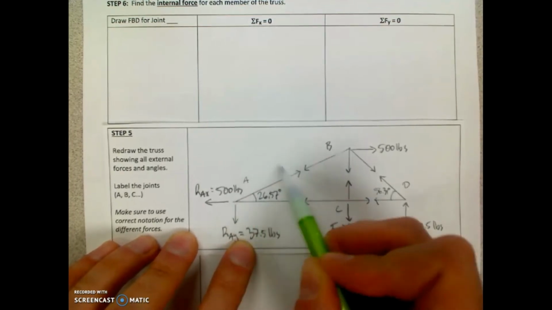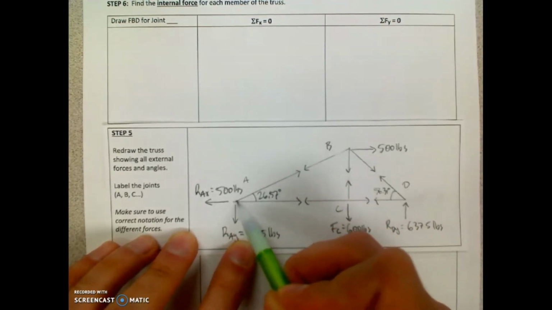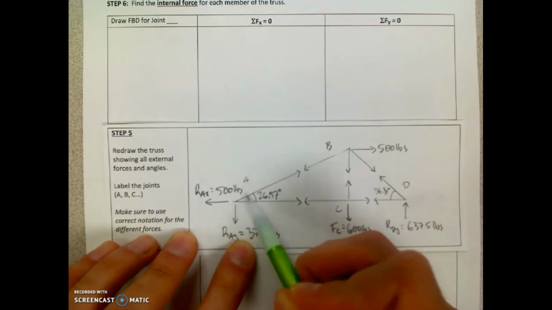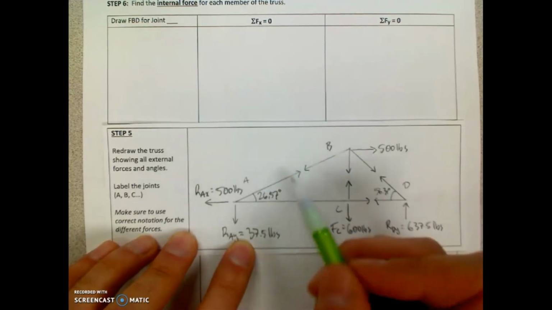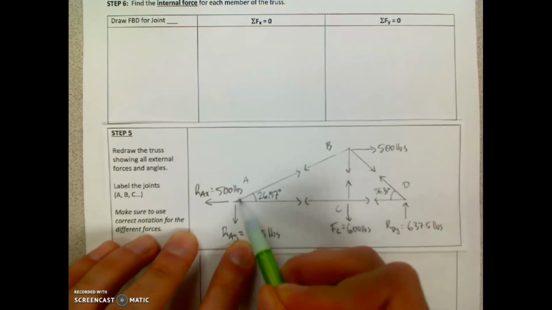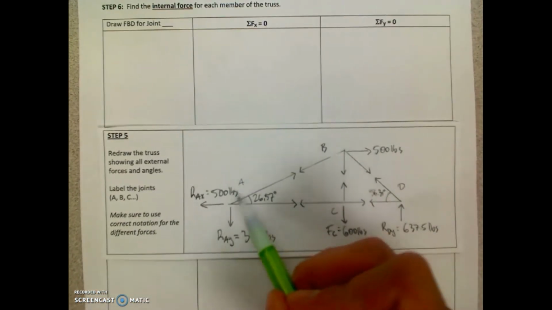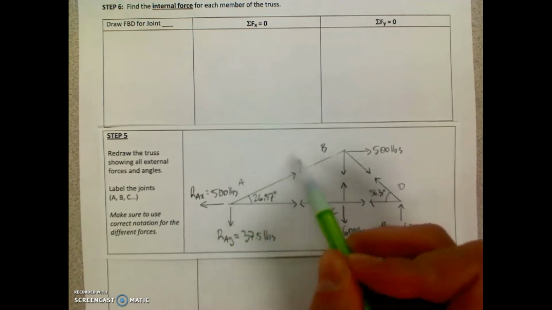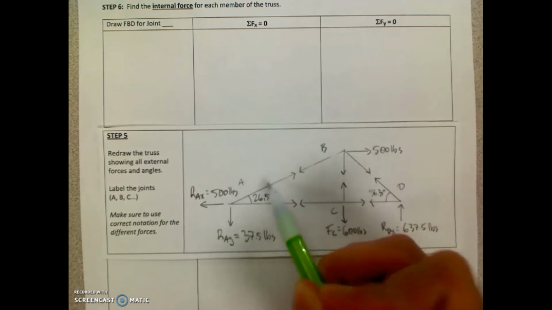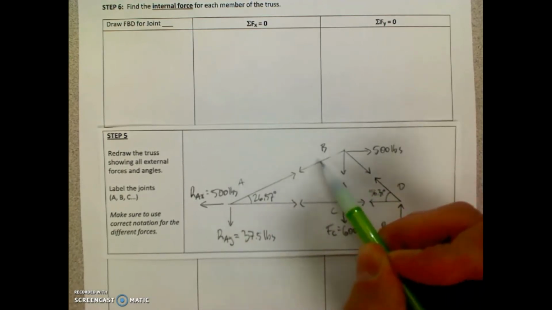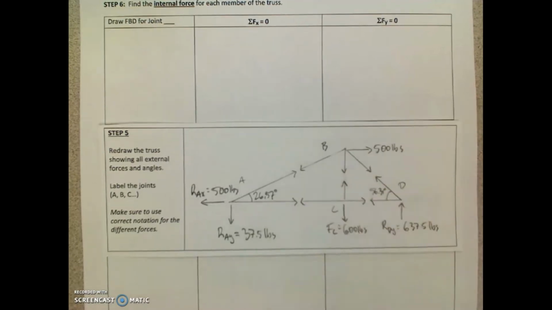So force from A to B is pulling away, it's stretching it out. If we were to flip this guy and go the other way, that member is pushing on or compressing the joint. So when we say compression and tension, we're talking about what is happening to the joint that it's attached to. So notice how the force from A to B is pulling on joint A. It's also pulling on joint B, so those are both in tension.